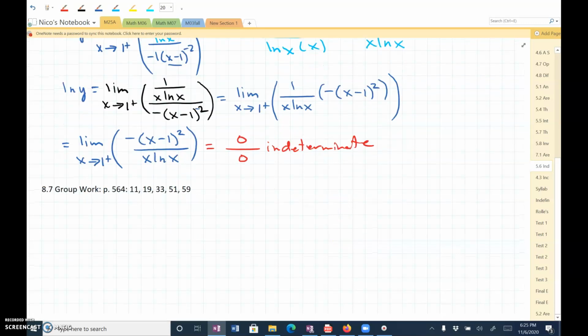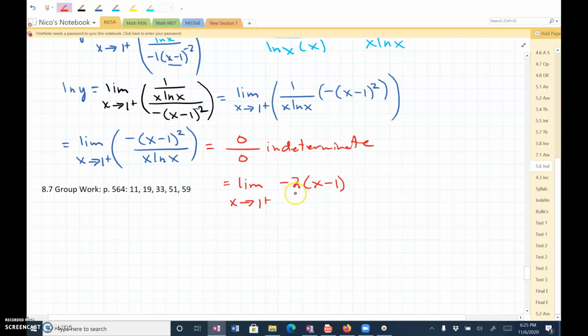So then you're going to take the derivative again, L'Hôpital's Rule. So the limit as x goes to 1 from the right would be negative 2 times x minus 1 to the first power, all over the product rule. So it's going to be the first times the derivative of the second plus the second times the derivative of the first.